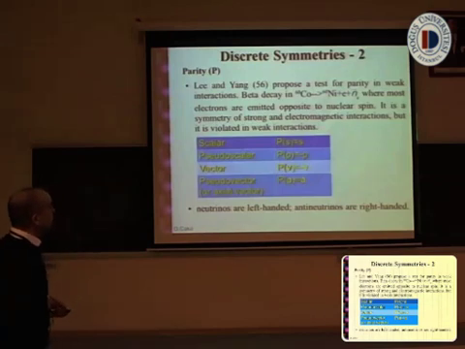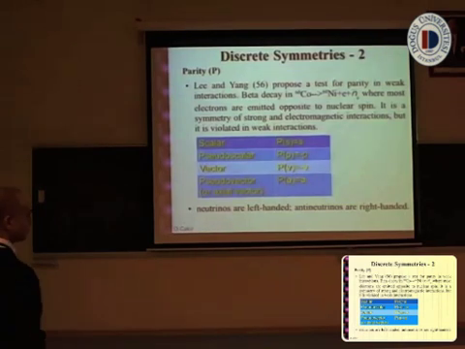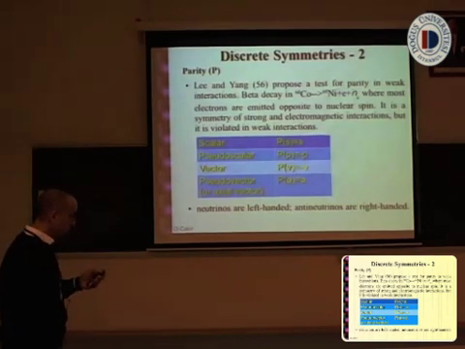From this experiment, we also conclude that the neutrinos are left-handed and the antineutrinos are right-handed.